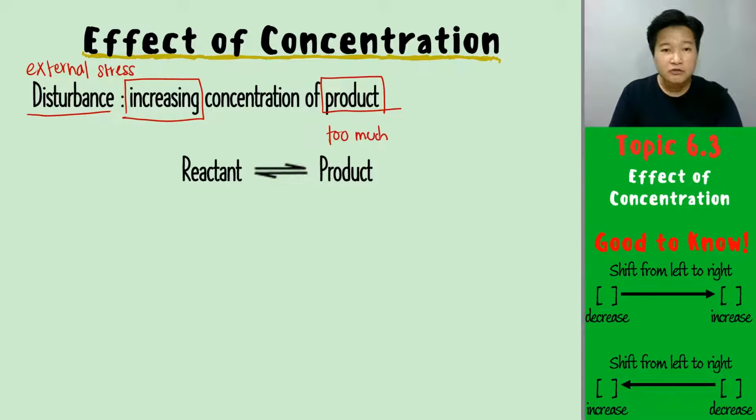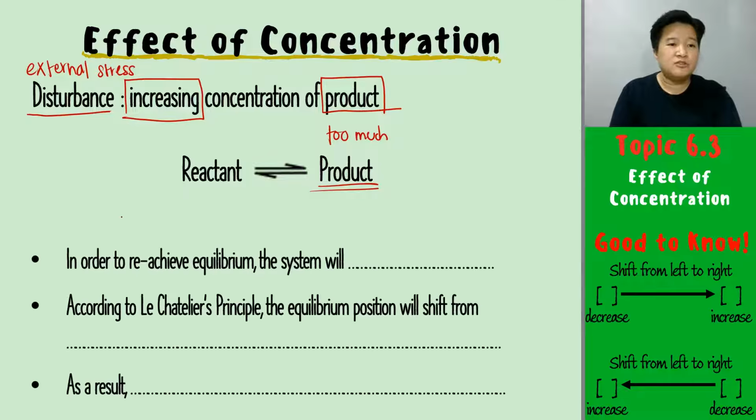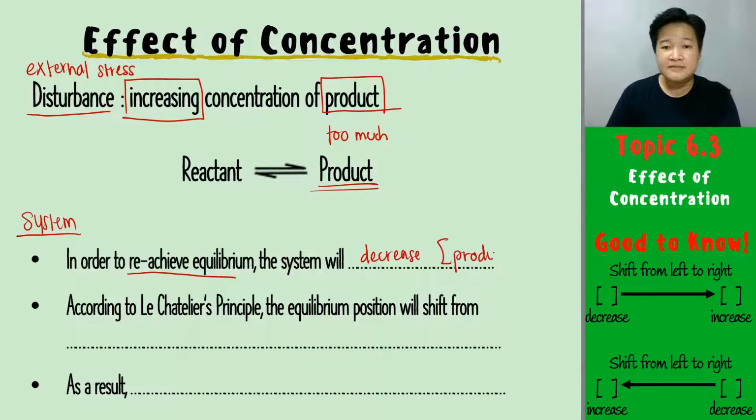Because right now your disturbance or your external stress is increasing the concentration of the product. So your system will do something very simple. In order for your system to re-achieve equilibrium, your system will decrease the concentration of your product. As simple as that. Okay?